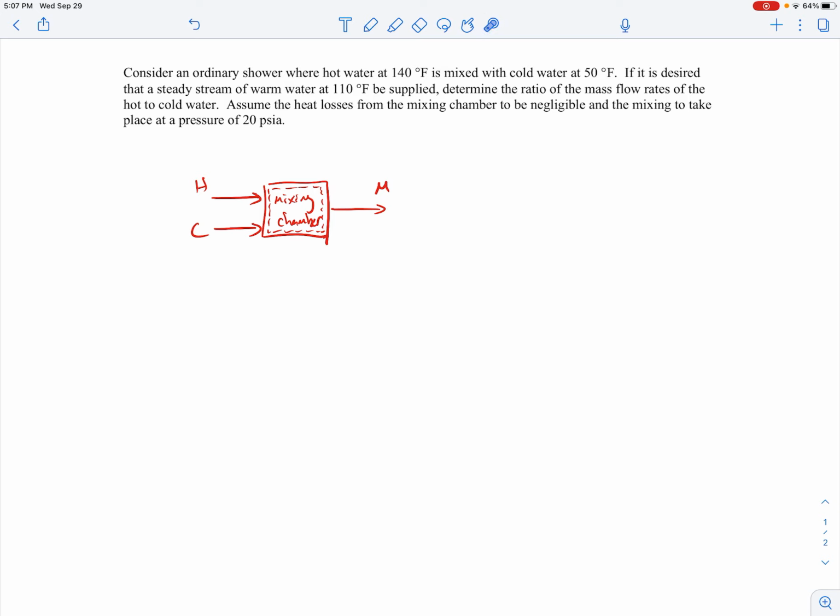The reason I'm thinking the first law is because we're looking at changes in temperature. These changes in temperature are related to the internal energy or the specific enthalpy of the water. So let's go ahead and apply the first law here. We'll expand it out, or write out the basic equation first.